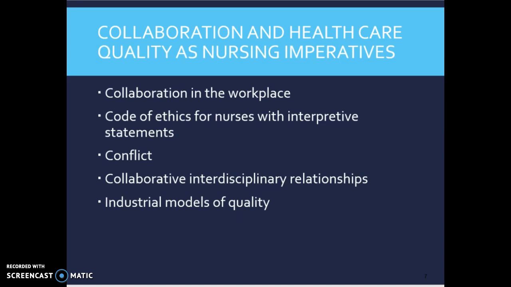The code of ethics for nurses makes it very clear that we are to be collaborative partners. Just as we know that, you also know that sometimes you experience people in the setting that are not collaborative partners. So you want to have as much of that mindset in your organization and an adherence to that to ensure that you're going to have good outcomes.